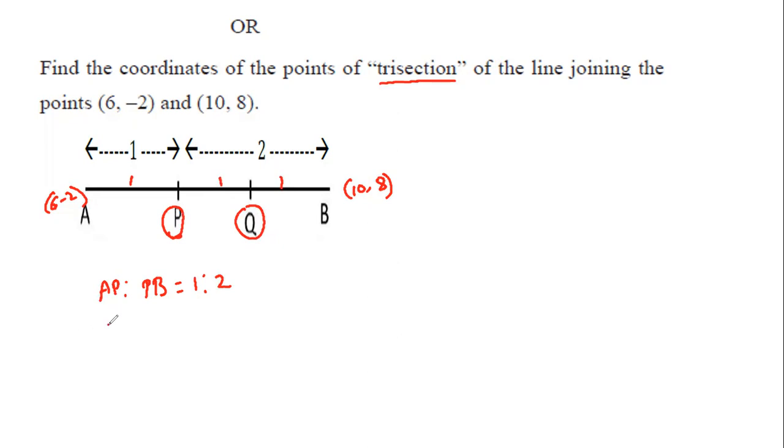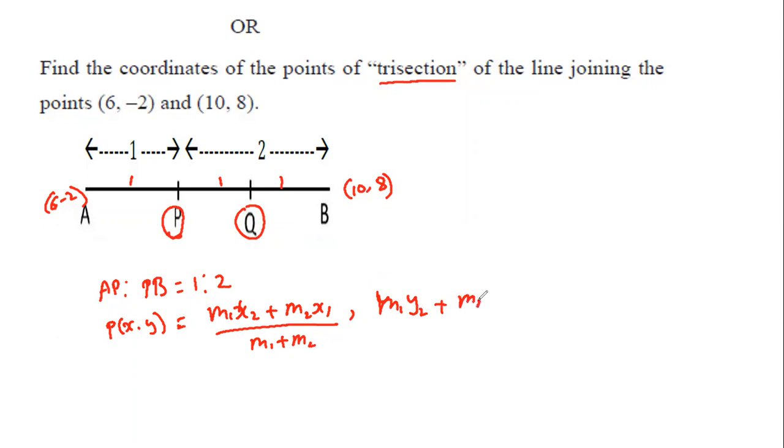Section formula: P of x comma y is equals to (m1 into x2 plus m2 into x1) divided by (m1 plus m2) comma (m1 into y2 plus m2 into y1) divided by (m1 plus m2). This is m1, this one is m2, this is x1 and y1, this is x2 and y2.